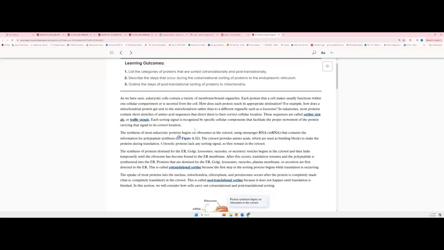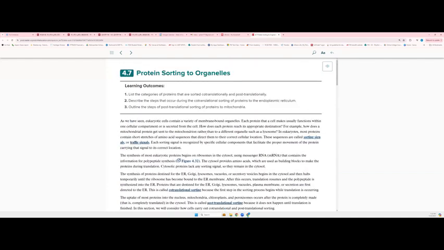Okay. Then we're going to talk about protein sorting to the organelles. Eukaryotic cells have a lot of organelles. Proteins are a very common organic molecule which exists in almost every organelle.